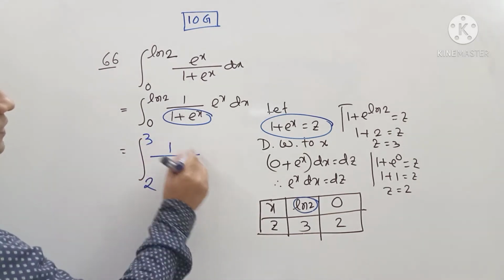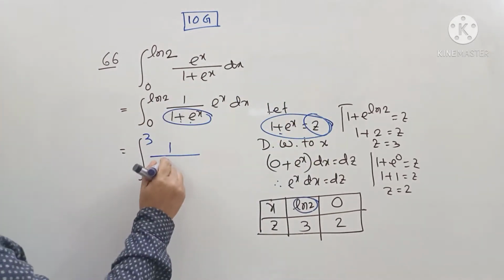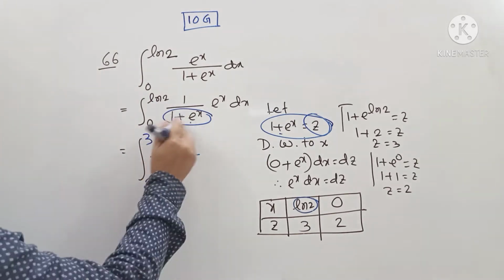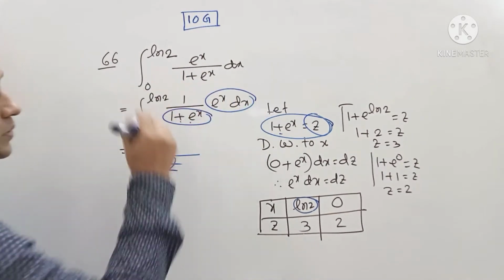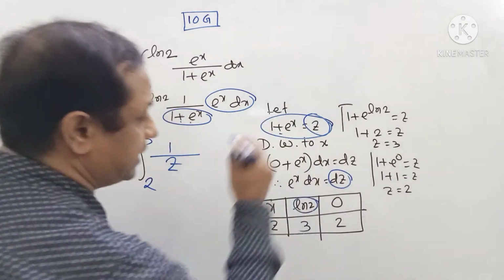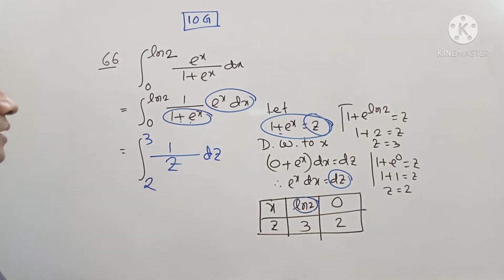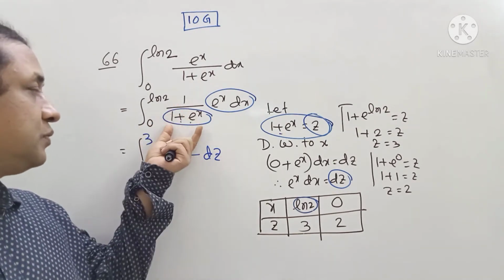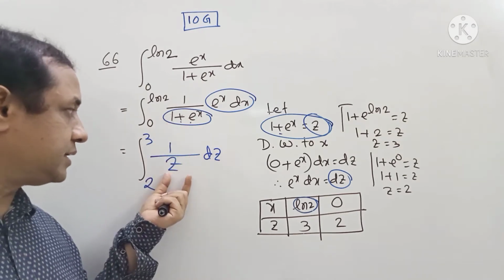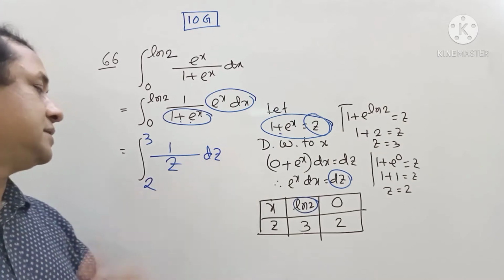Now putting 1 plus e to the power x equals z, and e to the power x dx equals dz. Are you clear, student? I say again, 1 plus e to the power x is z and e to the power x dx equals dz.